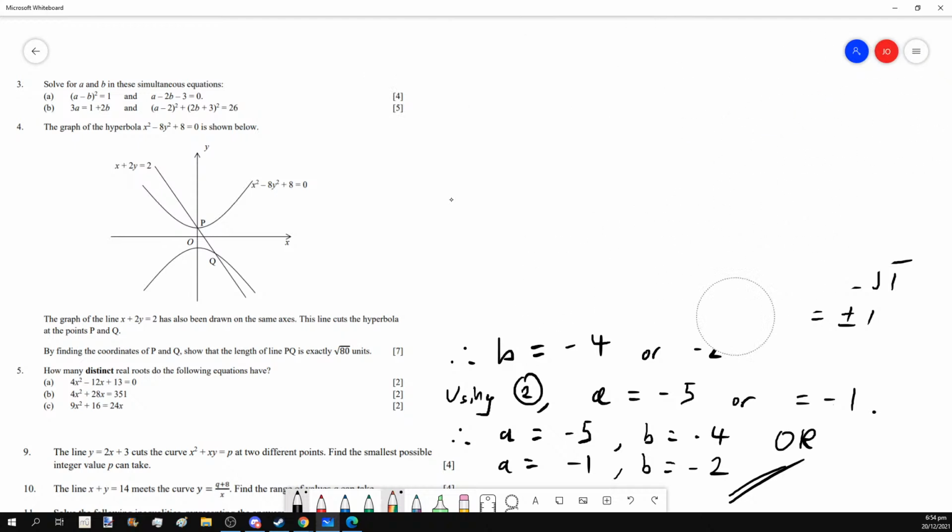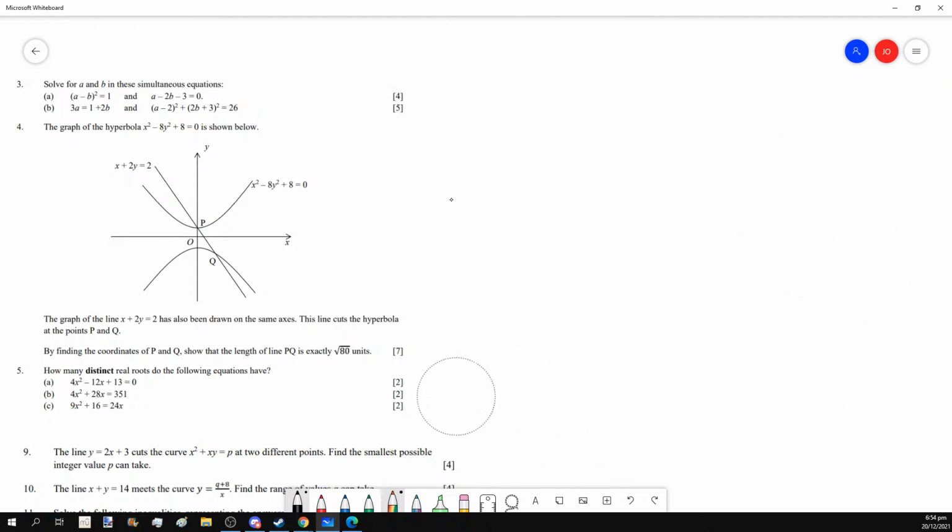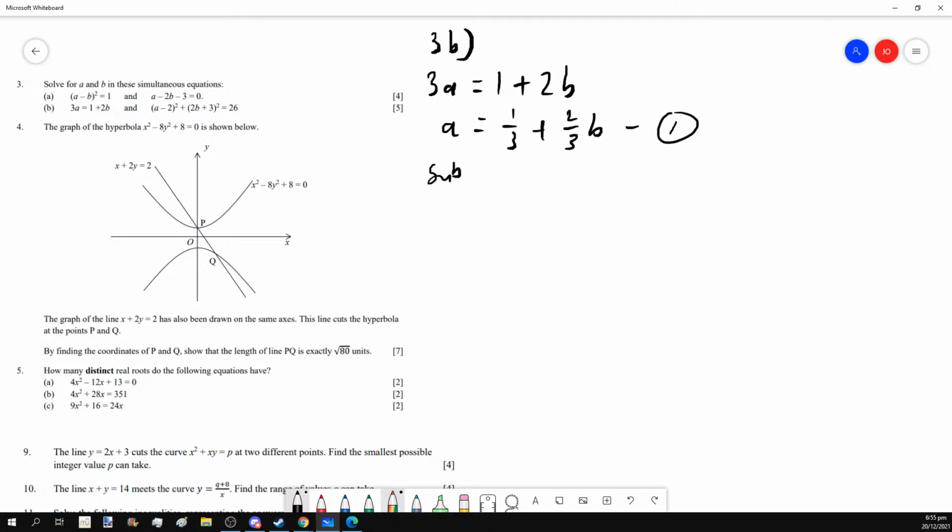For question 3b, more or less we have the same scenario. So I will simply write down the answer for you, and you can consider it by yourself. Try and do it by yourself first as an exercise, then afterwards you can compare your steps with mine. Once again, you do not want to start with the quadratic.